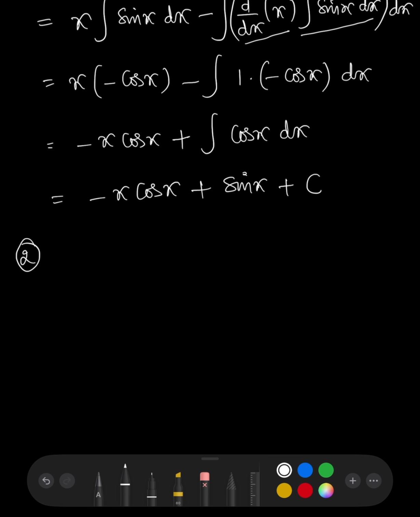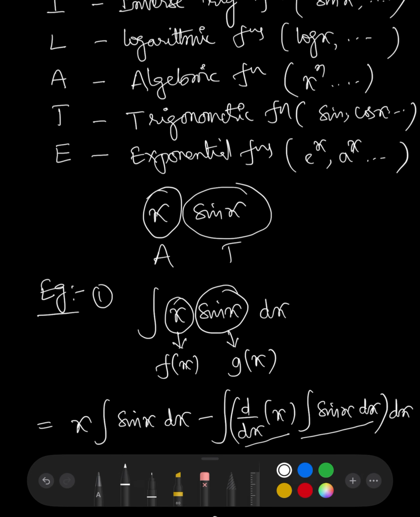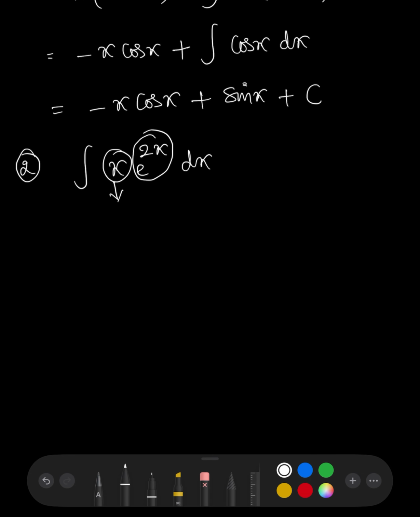Suppose it is the integration of x into e power 2x dx. See, x is what? Algebraic function, and e power 2x is what? Exponential function. Algebra and exponential, which comes first of these two? Algebra comes first.